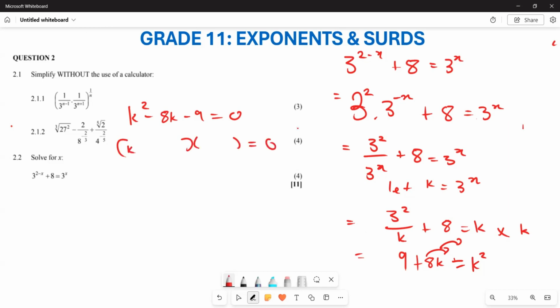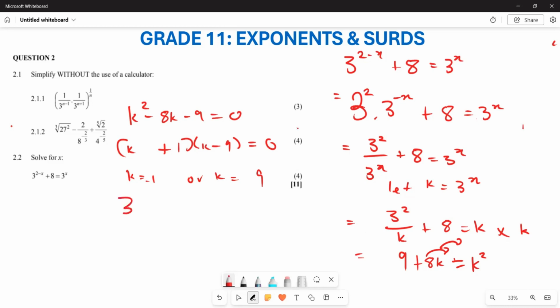So this is going to be k, k, and 9 and 1, right? If you make this negative and this positive, you're definitely going to get negative 8k. So k is going to be equal to negative 1, or k is going to be equal to positive 9, right? Now that you're having that, you can come back and substitute where there is k.